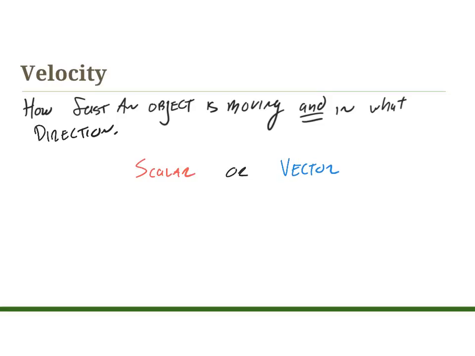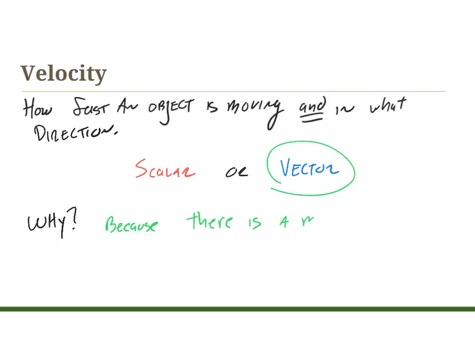Well, because it's giving us a magnitude and a direction, we're going to say that it's definitely a vector. So why? Because there is a magnitude or an amount and direction.